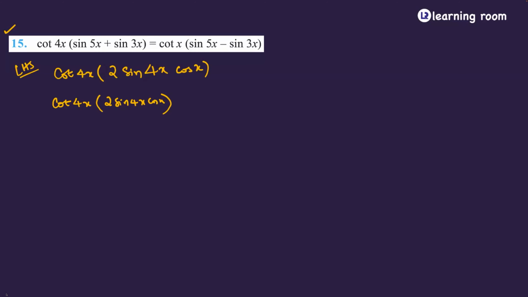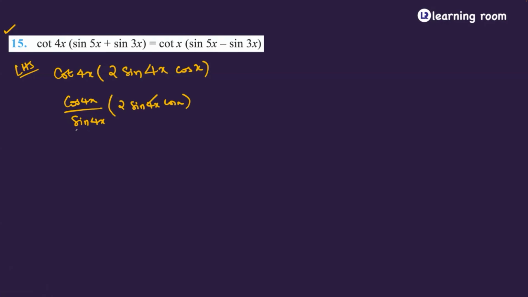Sorry, correction, guys. So from this step, if you observe, cot 4x can be written as cos 4x divided by sin 4x into 2 times sin 4x into cos x.